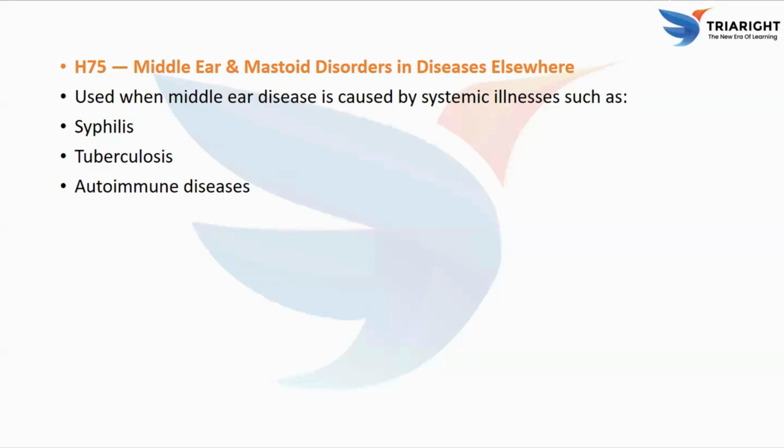So when do we use H75? You have to use H75 for middle ear inflammation, middle ear effusion and also mastoiditis, when these are caused secondary to another major disease, not due to typical ENT causes. So what are the examples of systemic diseases causing middle ear disorders?